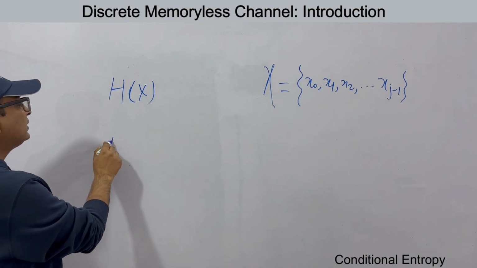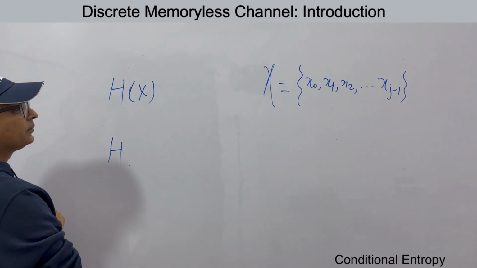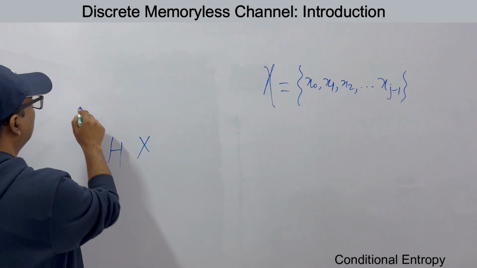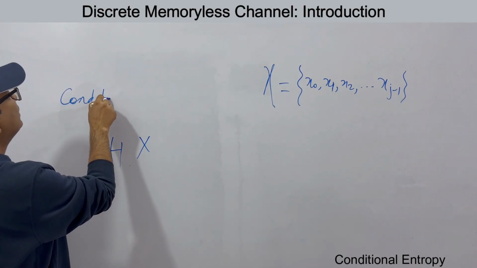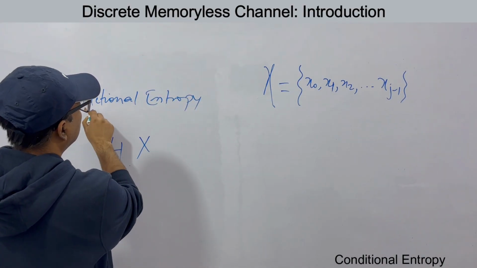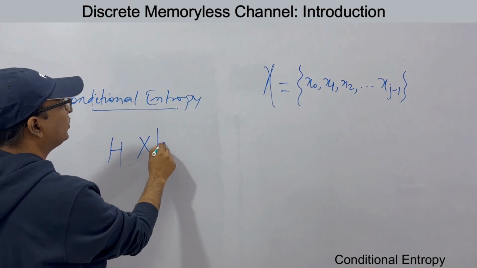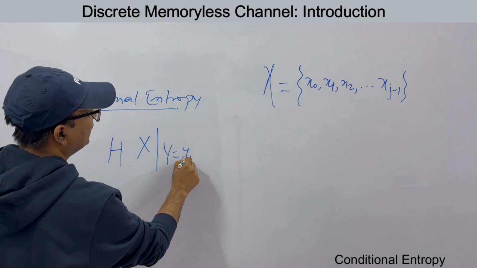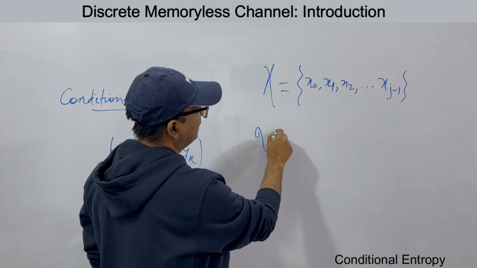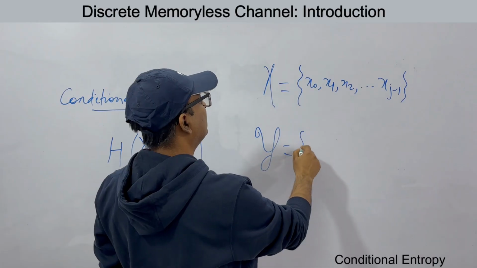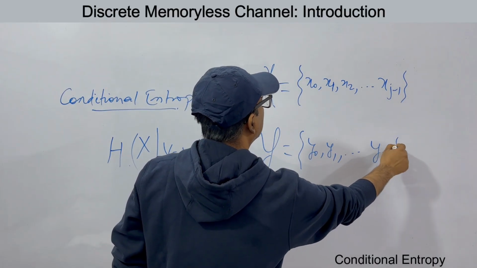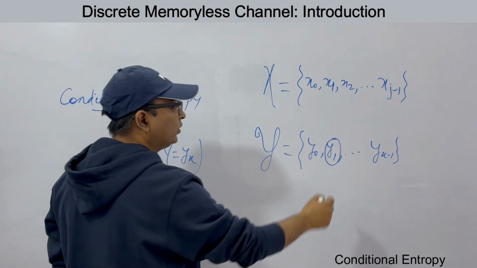Here we define a term called conditional entropy. What is the meaning of conditional entropy? Let's say this is the output alphabet y0, y1 up to yk minus 1, and we are talking of y1.